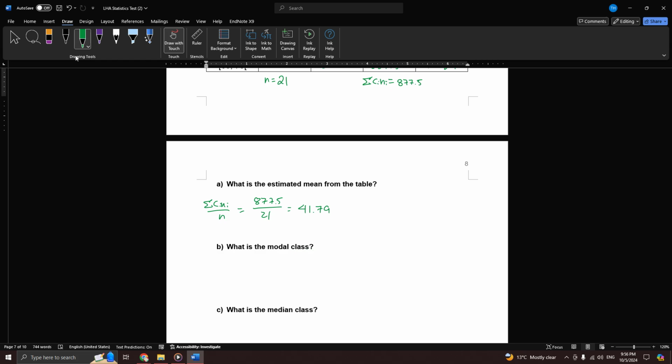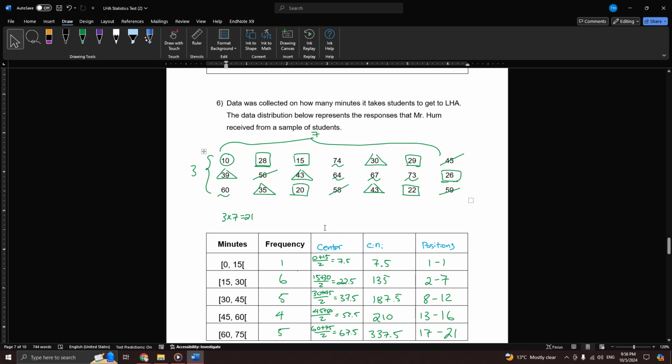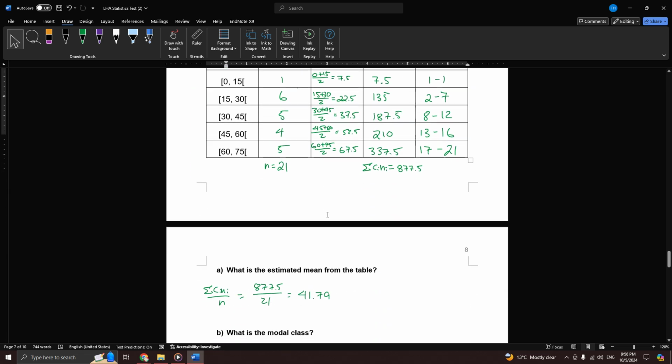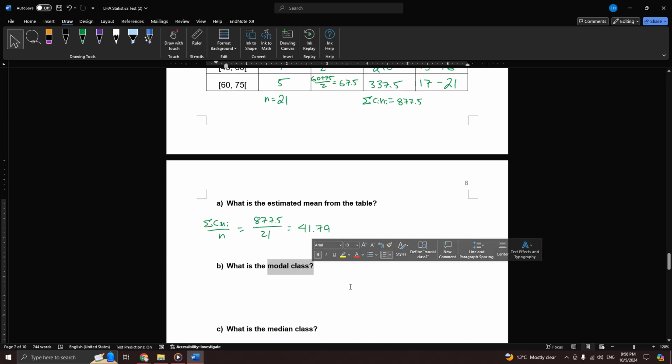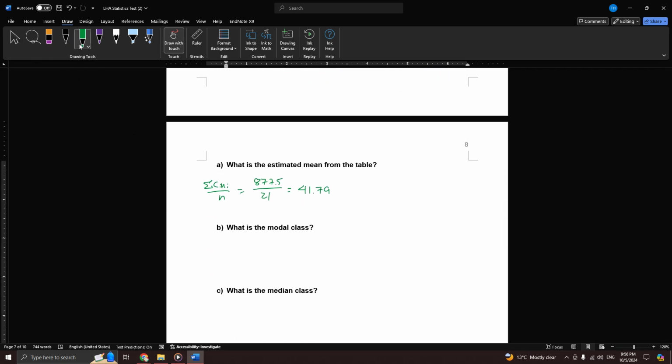I'm not asking you to scroll up here and say, oh yeah, 43 came up twice, so 43 is my mode. That's not what I'm asking you to do. I'm asking you to find the class, the modal class. So that's going to be, like I said, 15 to 30. And it contains 6 numbers.